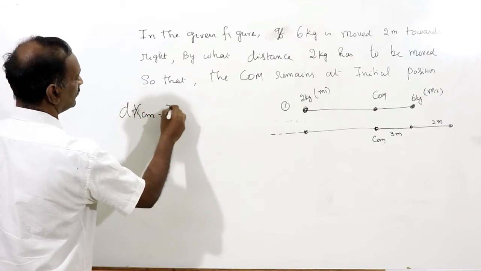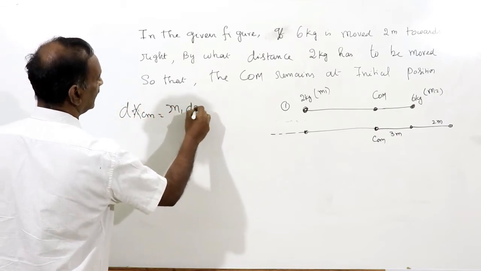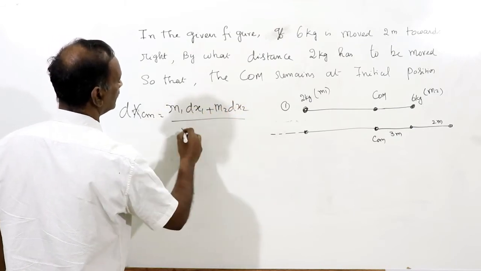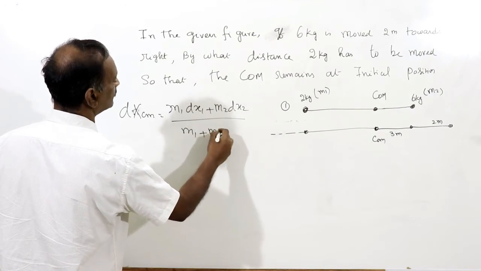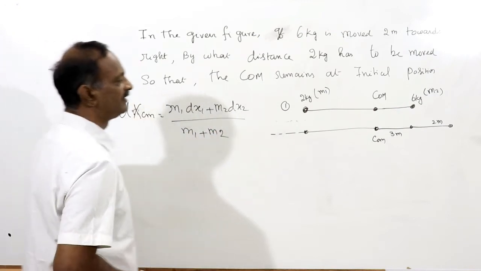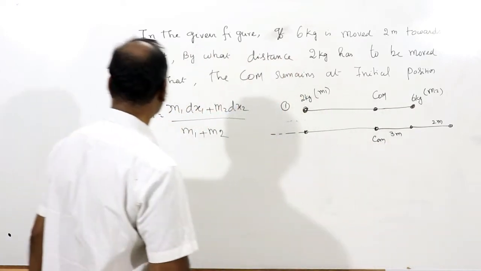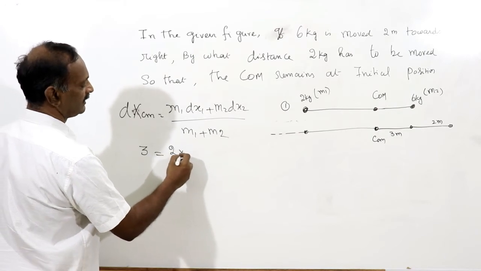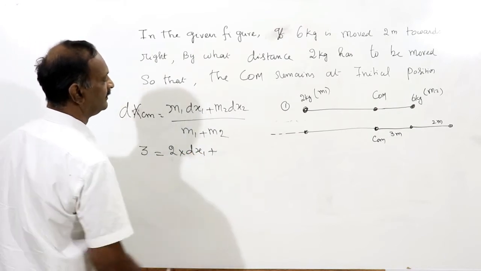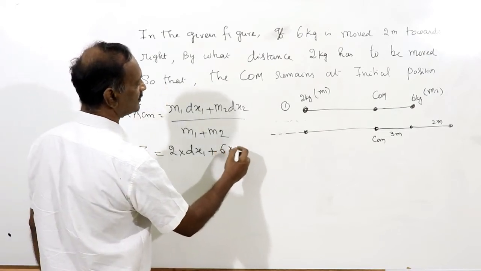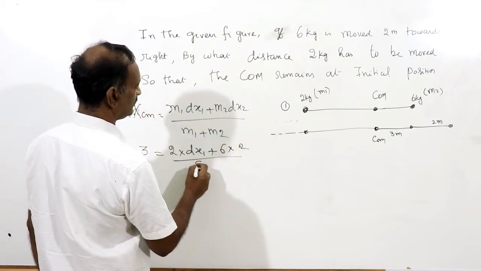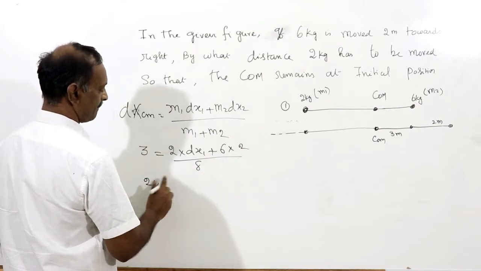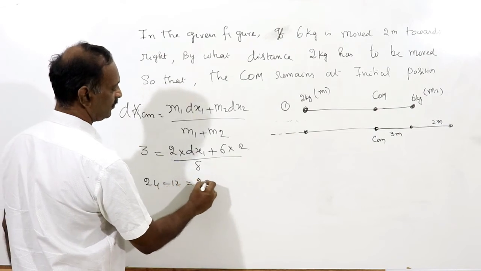dxcm is equal to (m1 dx1 + m2 dx2) by (m1 + m2). This is the distance moved. The center of mass moved by 3 meter. So 3 is equal to m1, which is 2, times dx1, which is unknown, plus m2, which is 6, times x2, which is 2, divided by 6 plus 2, which is 8. That is 24 minus 12 is equal to 2 dx1.